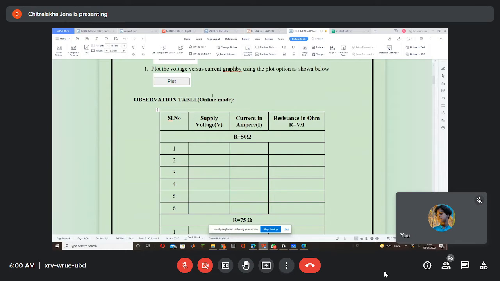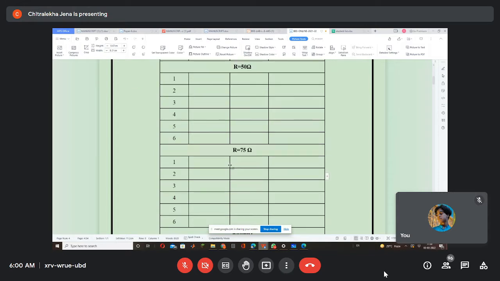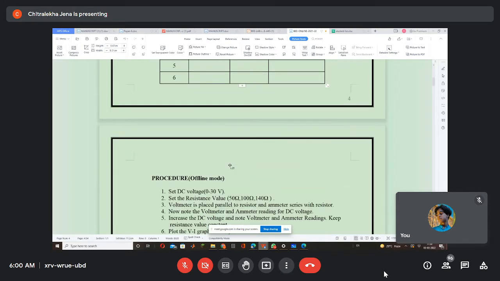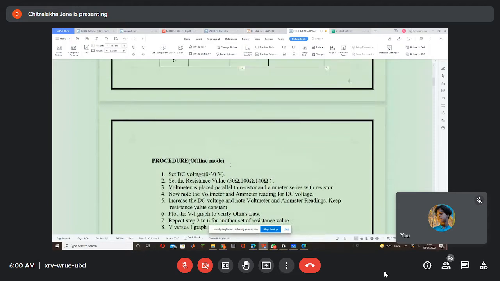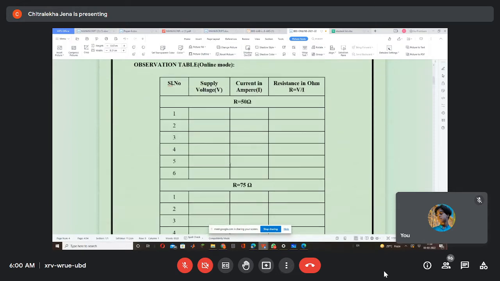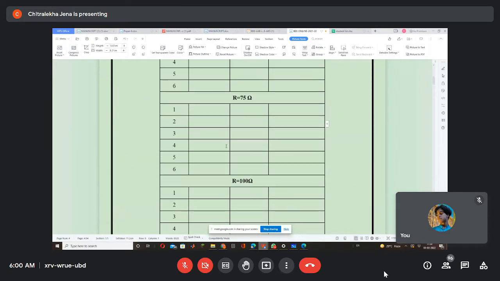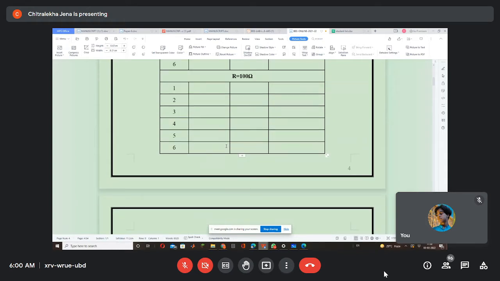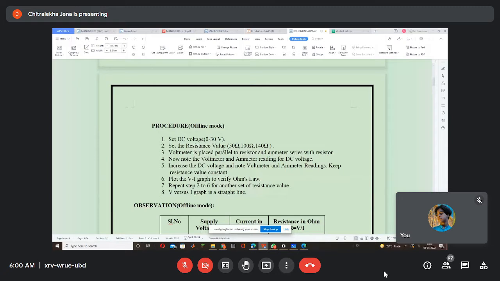Procedure is not required. Then the observation table, online mode. Because you are doing the experiment online, you will take the reading online and write the online reading. Then the procedure of the offline is also not required.